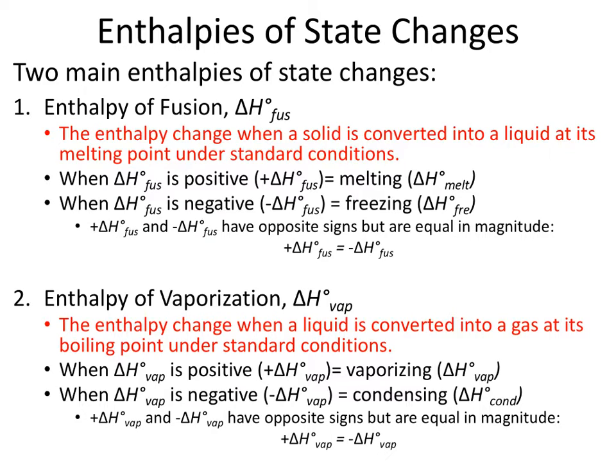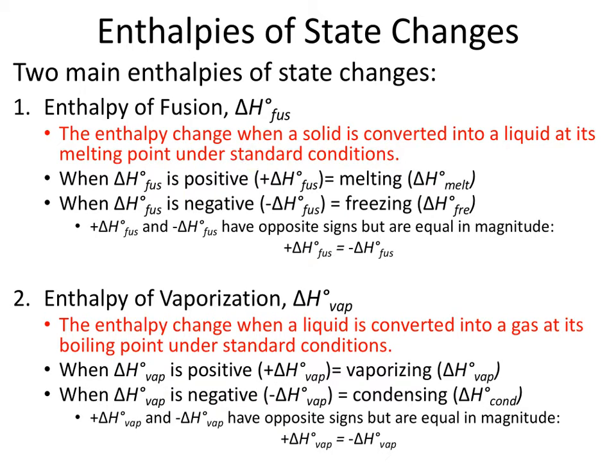So again, we've seen before that freezing and melting are actually the same thing. When delta H of fusion is positive, we call that melting. So again, the enthalpy of the system is becoming positive. The system is gaining more enthalpy. Remember what enthalpy is? Sum of potential and kinetic energy.